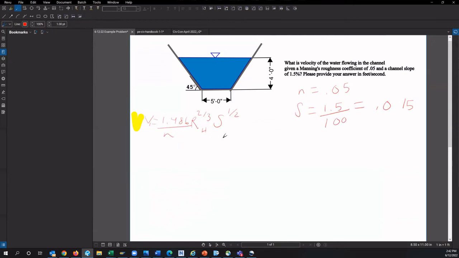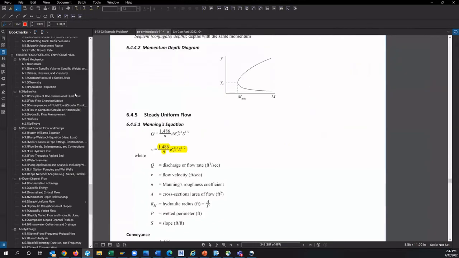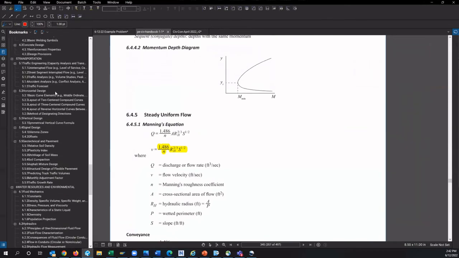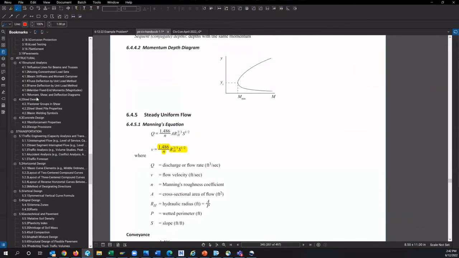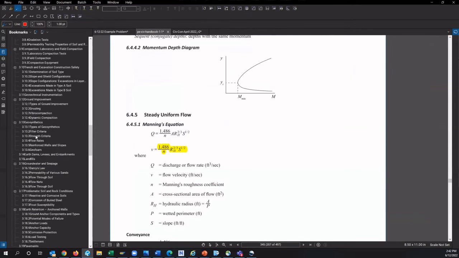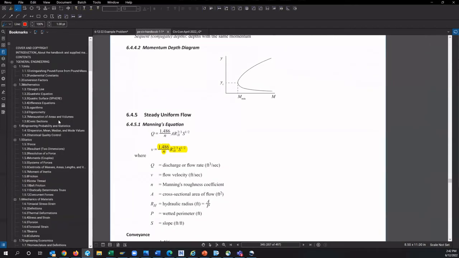But the first thing we need to do is determine our hydraulic radius. Again, hydraulic radius is equal to area over wetted perimeter. So what's the area? If you don't realize, it is a trapezoid. You can calculate it as a square and two triangles, but I'll just use the area of a trapezoid.